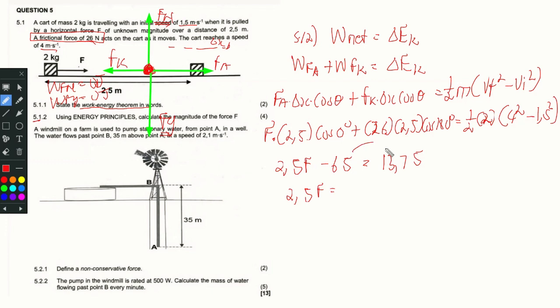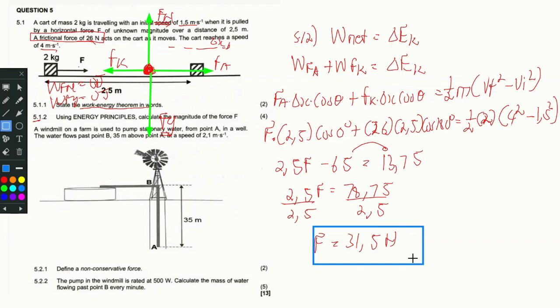If we transpose, plus 65, and then it is equal to what? 78.75. Then we can divide both sides by 2.5. Then just like that, we have our magnitude of the force applied. Divided by 2.5, that's 31.5 newtons.